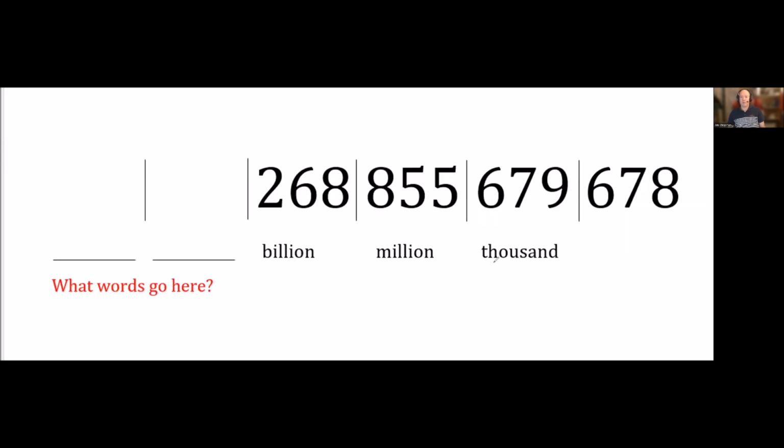Okay, so we've talked about 1,000, we've talked about million, we've talked about billion. So what are the next words? So I can help you a little bit. Let's do this one. It starts with T. Are you familiar with what the next one is after billion? It's trillion.